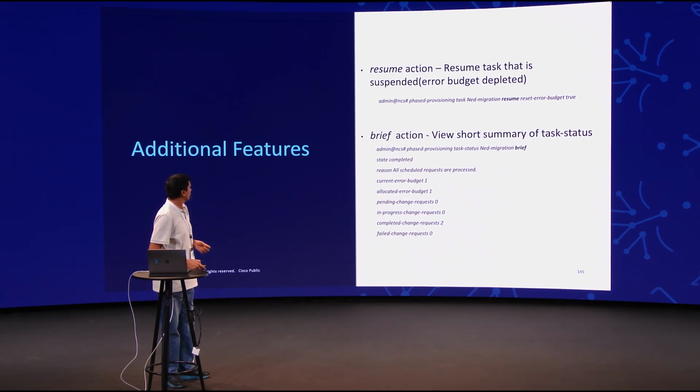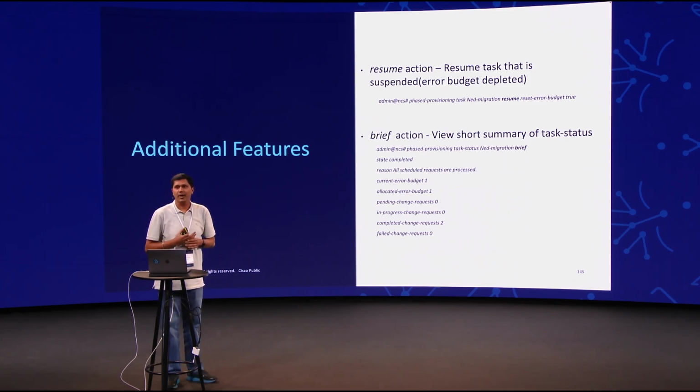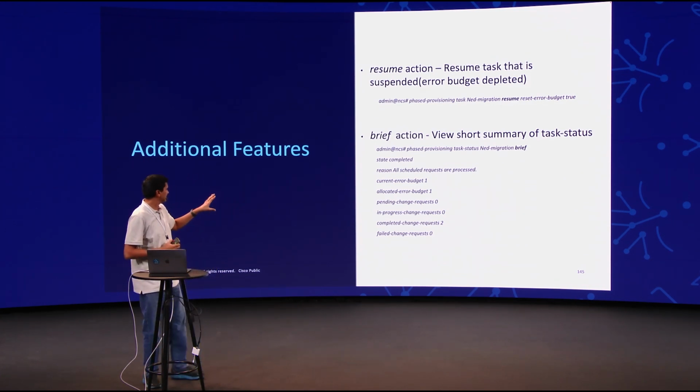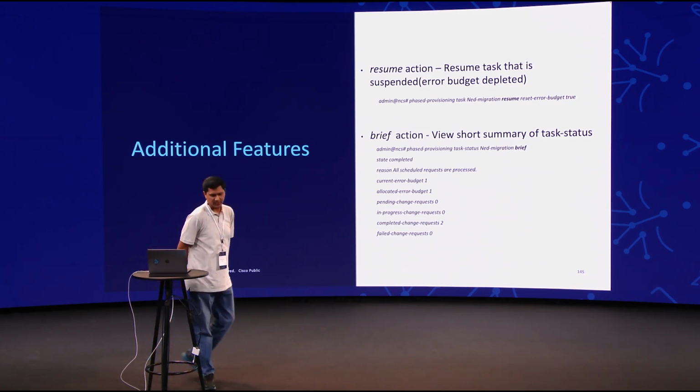And there is one more thing, which is a brief action. The show command may become cluttered when you have many instances running. So this brief action provides a matrix or statistics. As you can see, this is the easy way to check the status of your run.